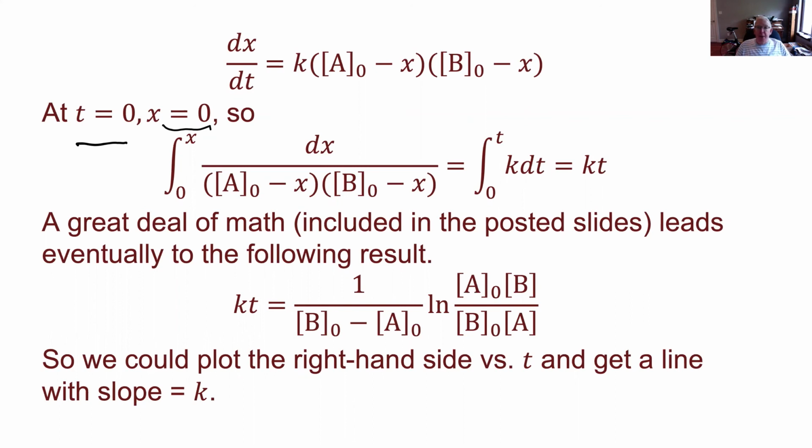After a lot of math and a lot of substituting of various things, you can get to this result here, okay? That's still a pretty intimidating looking thing, but it is linear, right? So that says if I made a plot of the right-hand side of that graph versus time, I could use that as a way to find the rate constant for my second order reaction, okay?